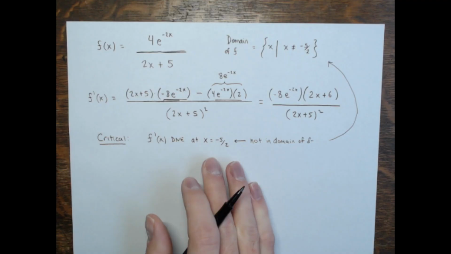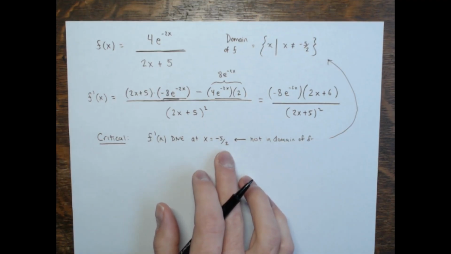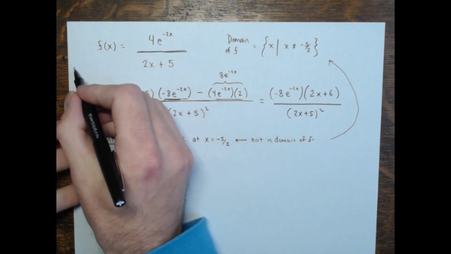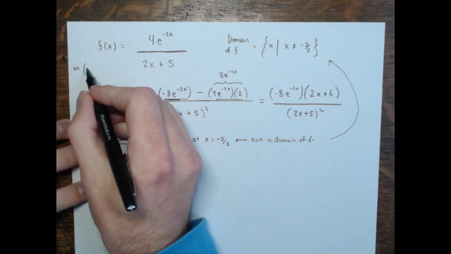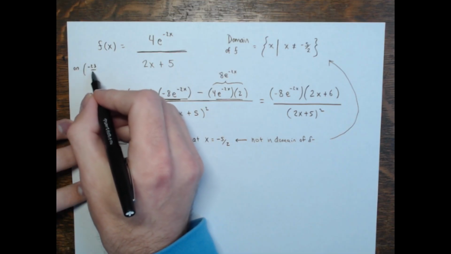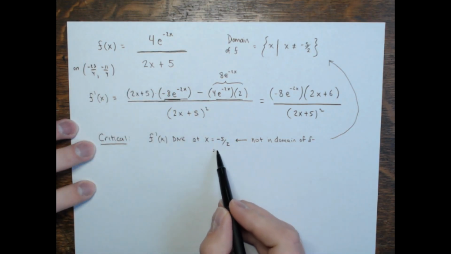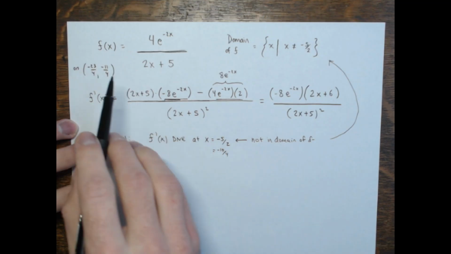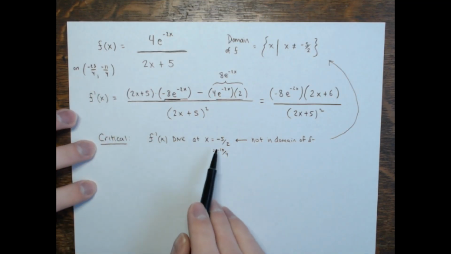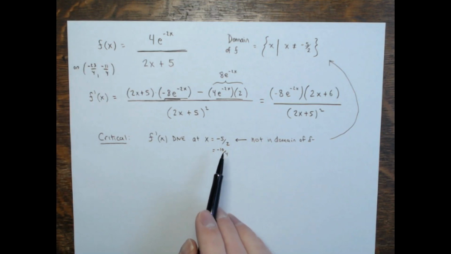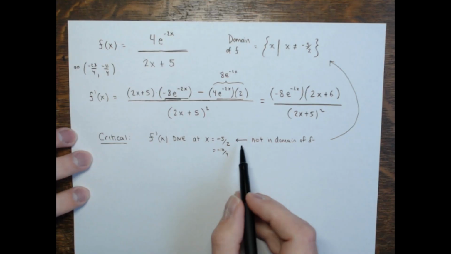Now, negative 5 halves would be negative 10 fourths. So this isn't even in the interval. Because remember, we're asked to look on the interval from negative 23 fourths to negative 11 fourths in this problem. And this is negative 10 fourths. So that's not even in there. So again, we don't even have to worry about it.